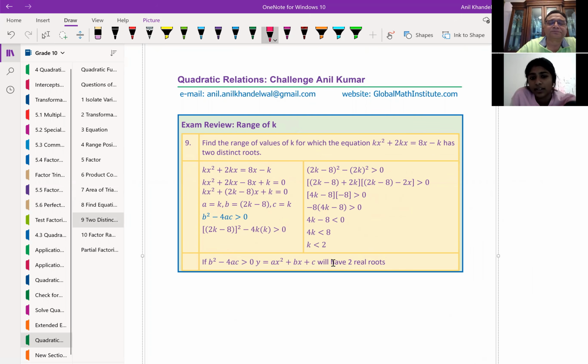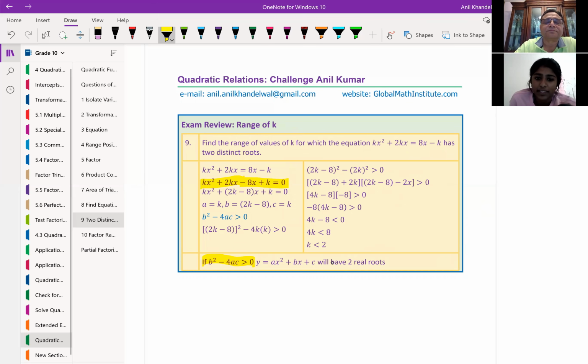Correct. So I'll just bring the 8 minus k to the left side. So that would be kx squared plus 2kx, no sorry, minus 8x plus k equals 0. Correct. Then we need b squared.